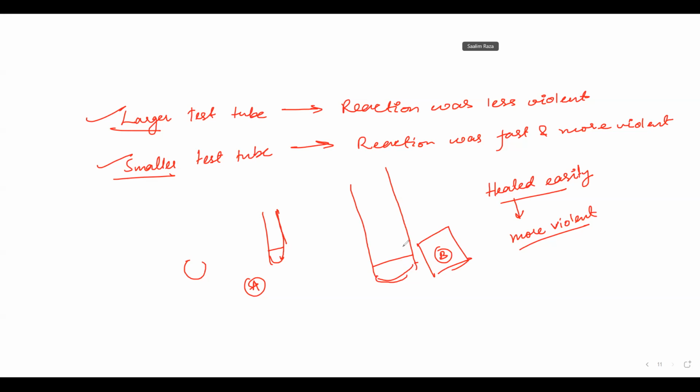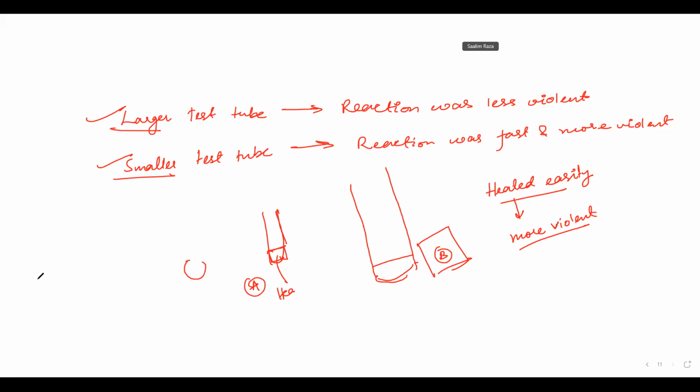In the second one, heat will not even be formed, or this particular substance will be heated very easily because it is in a small area. First you have to form some heat, then only it can escape. So they are not even forming at the same rate. They are not even getting heated at the same rate. The small one will get heated more easily, and that is why it is more violent.